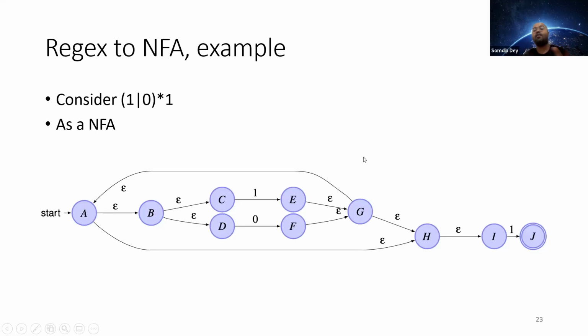DFA doesn't have multiple transitions for the same input symbol. Another thing, it doesn't have epsilon moves. So we have to reduce this NFA in such a way that it doesn't consist of any epsilon move or multiple state transition.